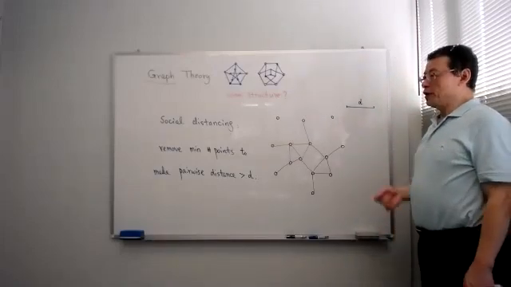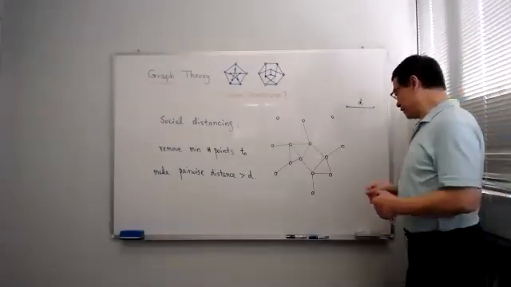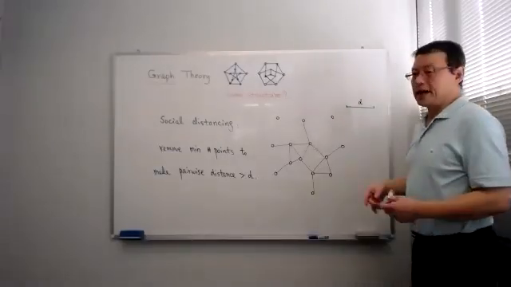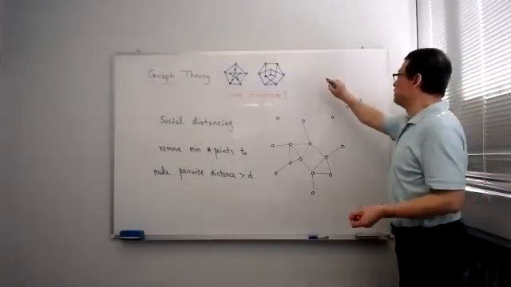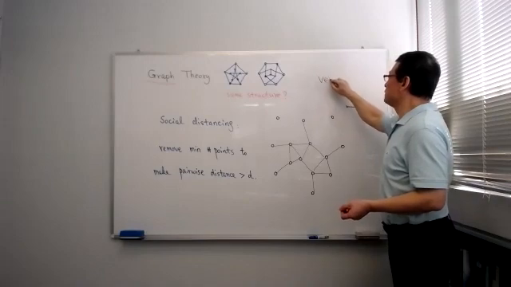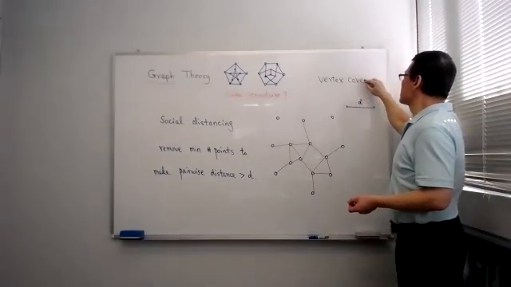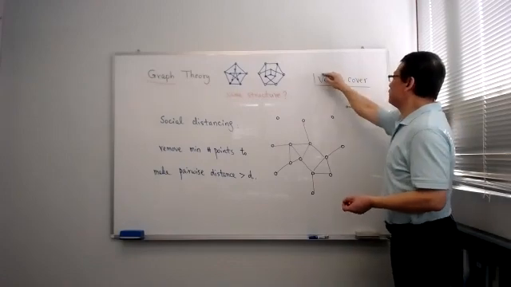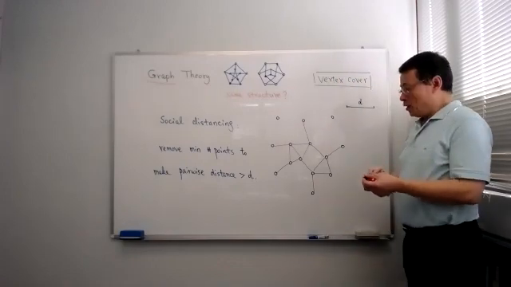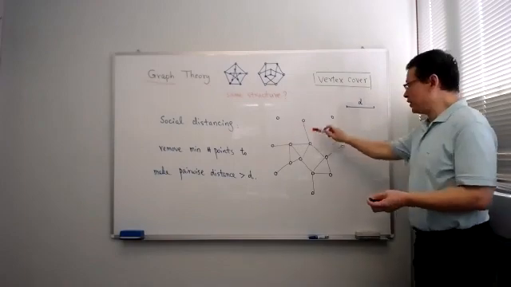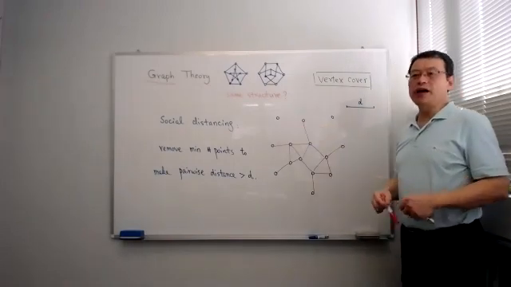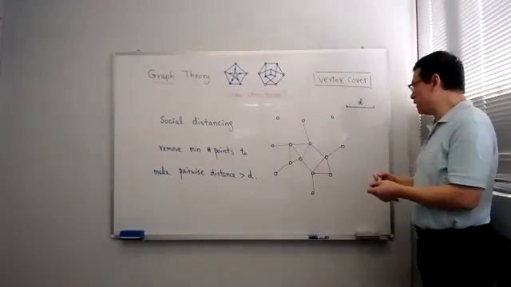And what we want to do eventually becomes the classical vertex cover problem. We want to find the minimum number of points, these points, to cover all edges.